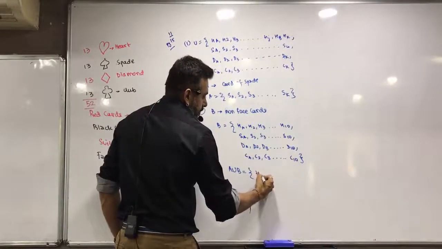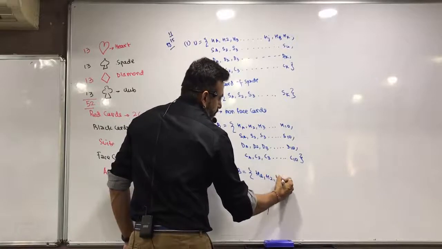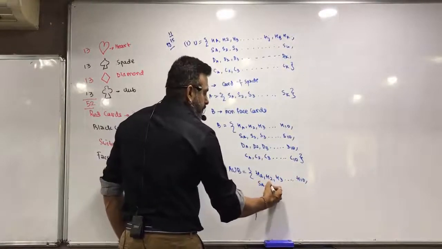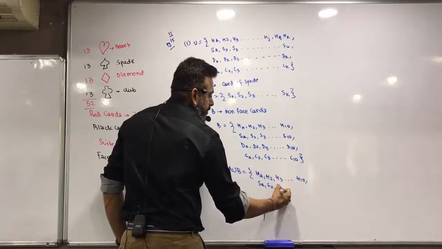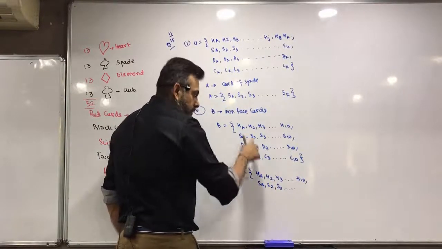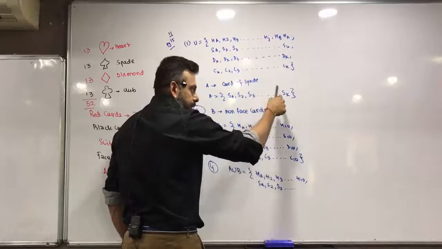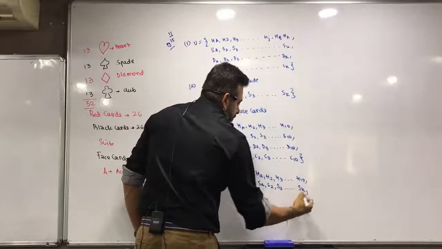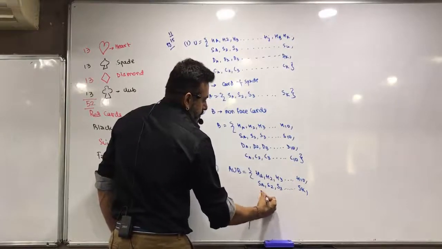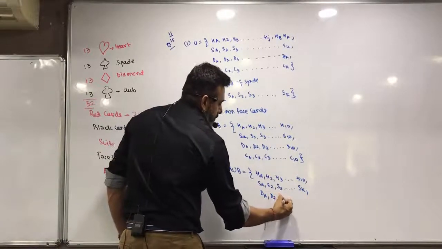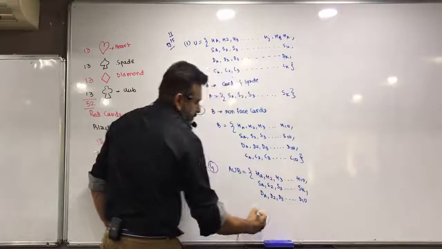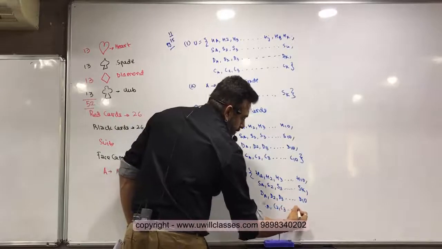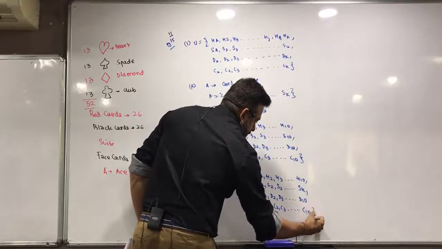So heart A, heart 2, heart 3, up to heart 10, spade A, spade 2, spade 3, union J. So all of them and all of them, including this, up to spade K, then diamond A, diamond 2, diamond 3, up to diamond 10, and club A, club 2, club 3, up to club 10.